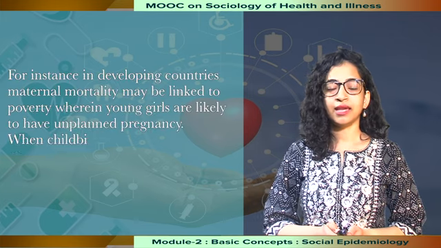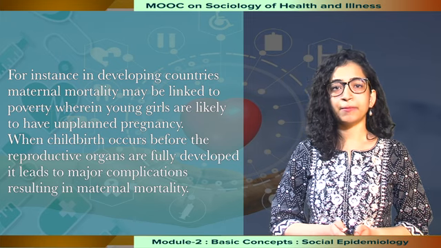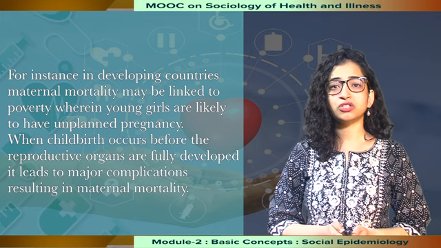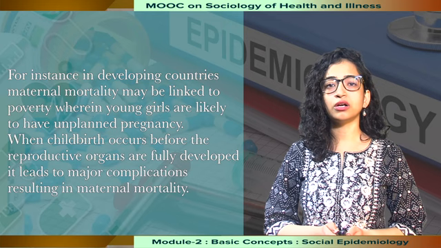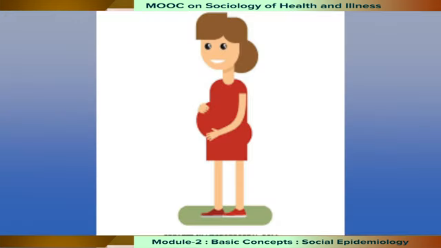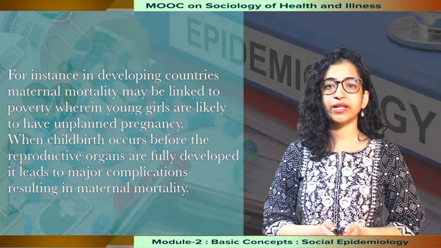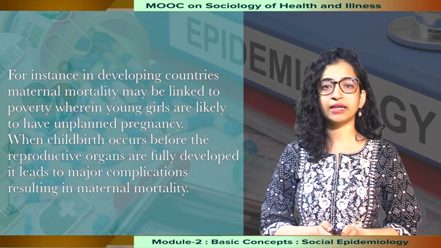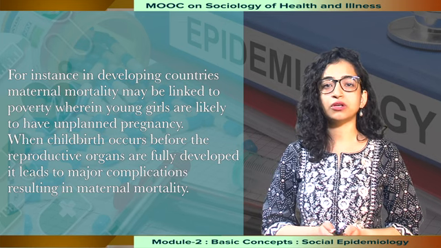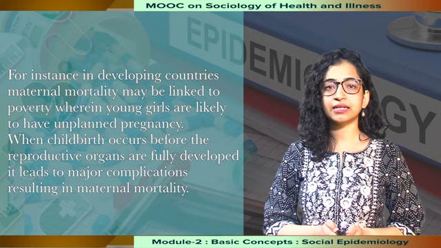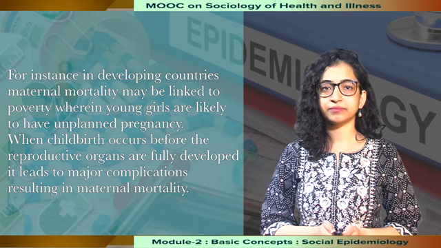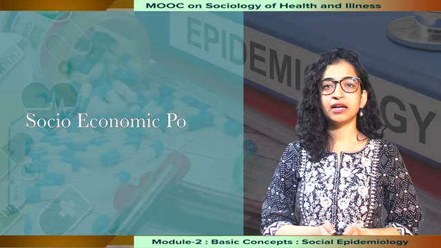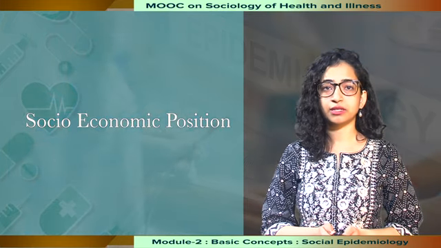For instance, in developing countries, maternal mortality may be linked to poverty, wherein young girls are likely to have unplanned pregnancy. When childbirth occurs before the reproductive organs are fully developed, it leads to major complications resulting in maternal mortality.